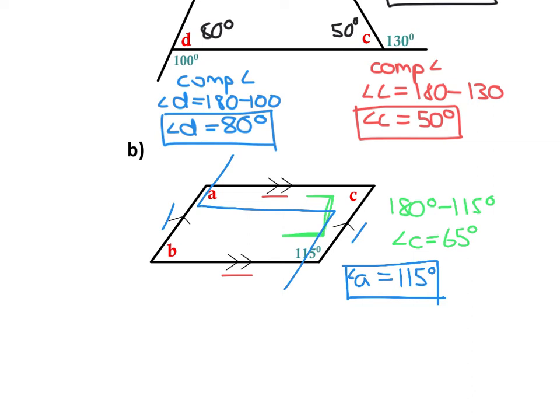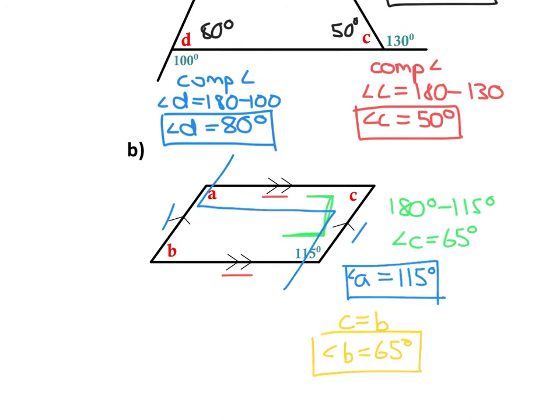Let me undo that. B and C are essentially opposite angles as well, but you could also talk about Z pattern or co-interior pattern if you wanted to. So we also know that C is equivalent to B, and we have the C's, so B is equal to 65 degrees.